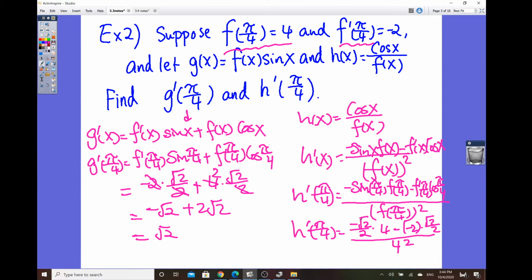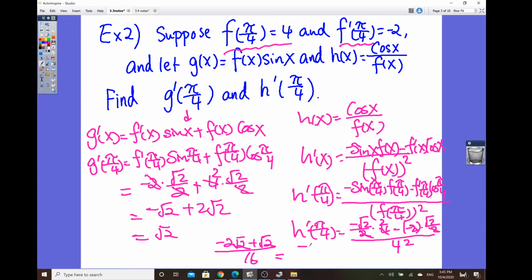Evaluate it, so negative root 2 over 2 times 4, that'll be negative 2 root 2, because you want to cross cancel. And this one cross cancel, negative, negative, positive, so plus root 2. And then it's all over 16.